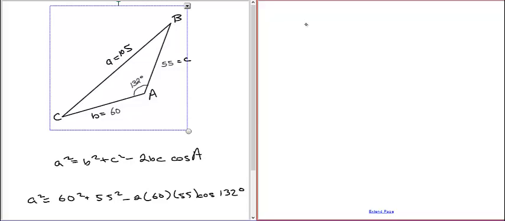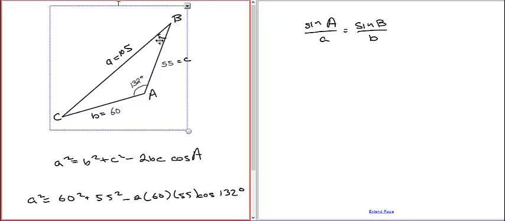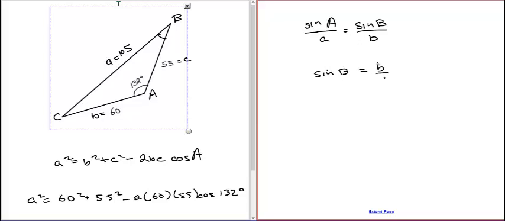So we'd have the sine of A over the length of side A is equal to the sine of angle B over the length of side B. What we're trying to find is angle B, so we solve for the sine of angle B, and that would be B over A times the sine of A. Side B is 60, side A is 105, times the sine of 132 degrees.